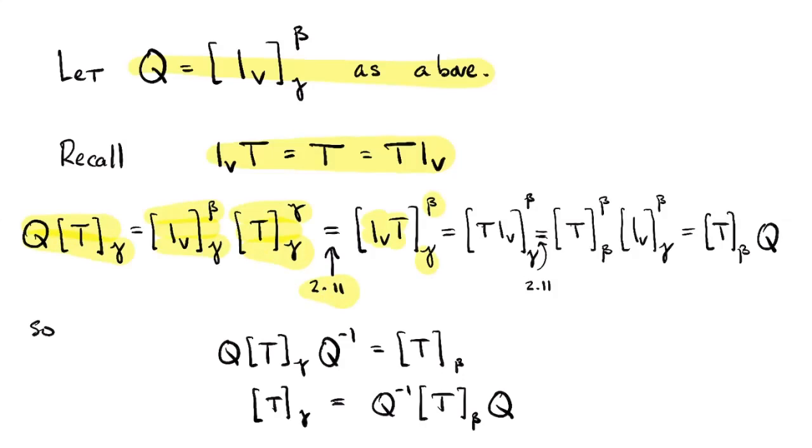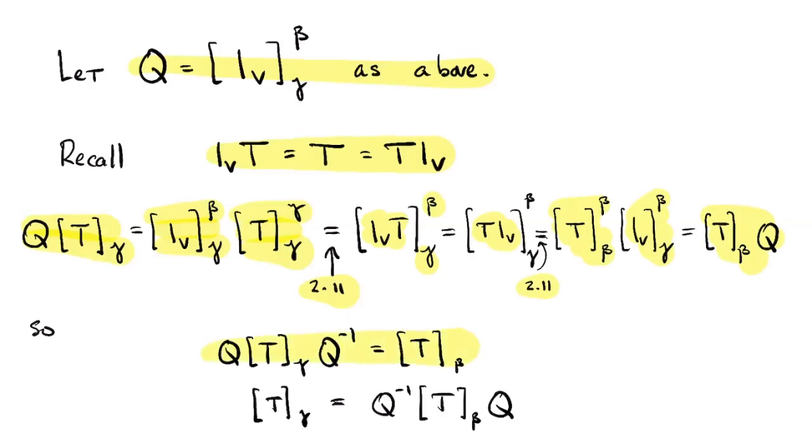All right, but we wrote above that the composition of 1V and T is the same as the composition of T and 1V, so I can just swap those. And then I'm going to use Theorem 2.11 again to pull those apart. That's the matrix of T in the beta basis times this Q. Okay, so if I put all of that together, if I sort of right multiply by Q inverse on both sides, I get this equation.